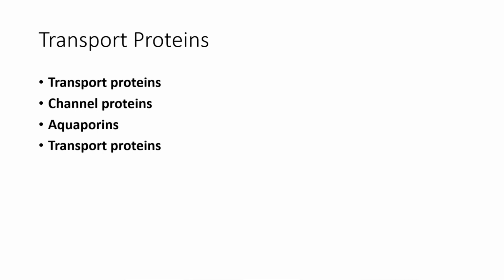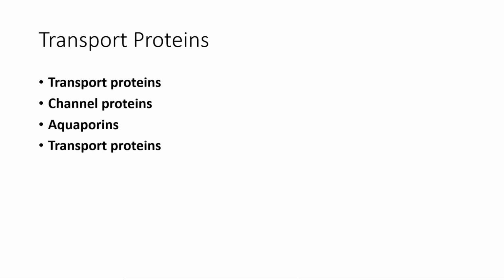Other transport proteins are called carrier proteins. Carrier proteins will bind to molecules and then change their shape to move them across. Transport proteins are specific for the substance that they move.